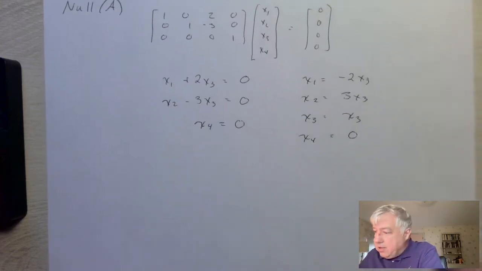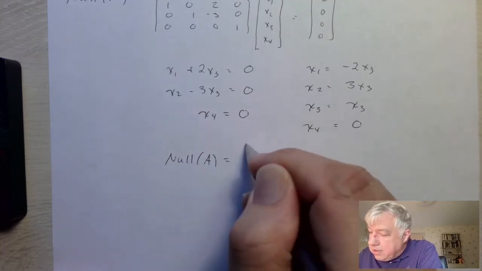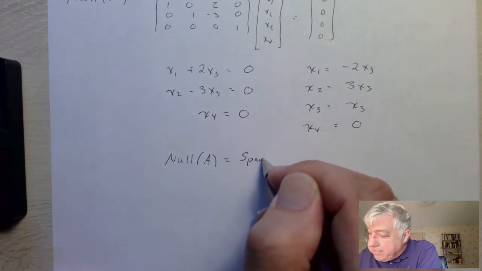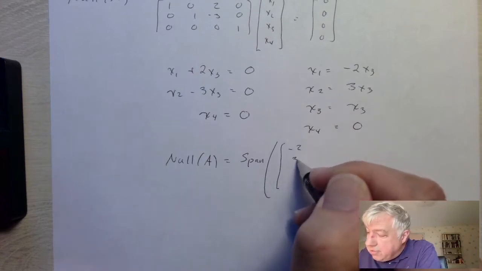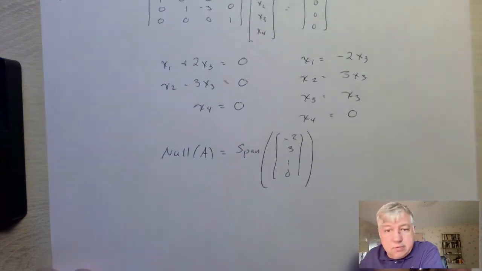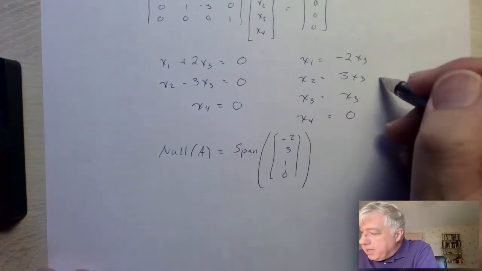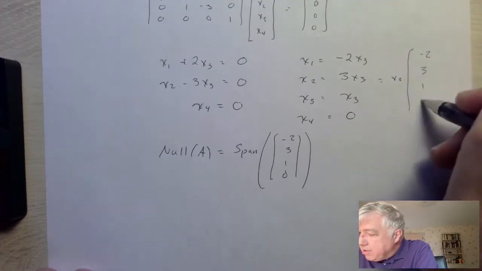So we can see that the null space of A is just the span of the vector negative 2, 3, 1, and 0. This is really equal to x3 times negative 2, 3, 1, 0.